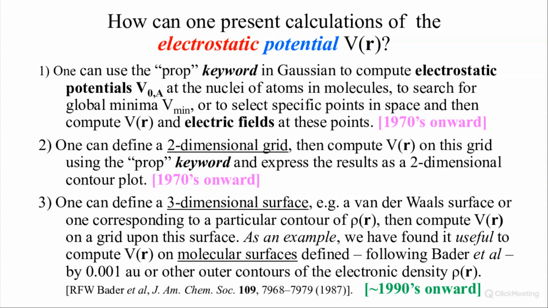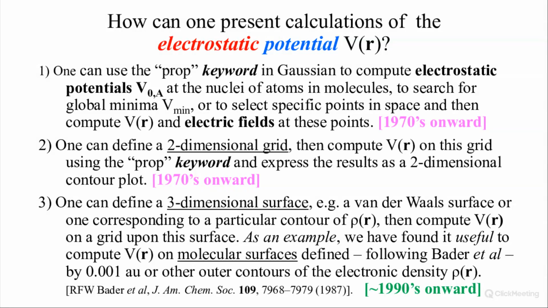Now, how can one present calculations of V(r)? I'm giving the first three here on this page from when they were being used. In the 1970s, the prop keyword could be used to calculate electrostatic potentials at nuclei, to search for global minima. And you could basically read in any points you wanted and get both V(r) and electric fields at points.